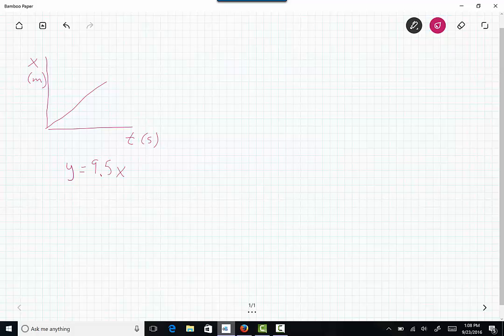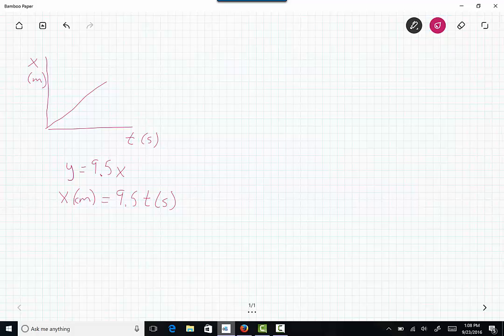9.5x. One of the things that we want to make sure we do is put this into units that are specific to our experiment. So rather than saying y equals 9.5x, we should say that distance in meters, oh, yours was in centimeters, sorry, is equal to 9.5 times time in seconds.